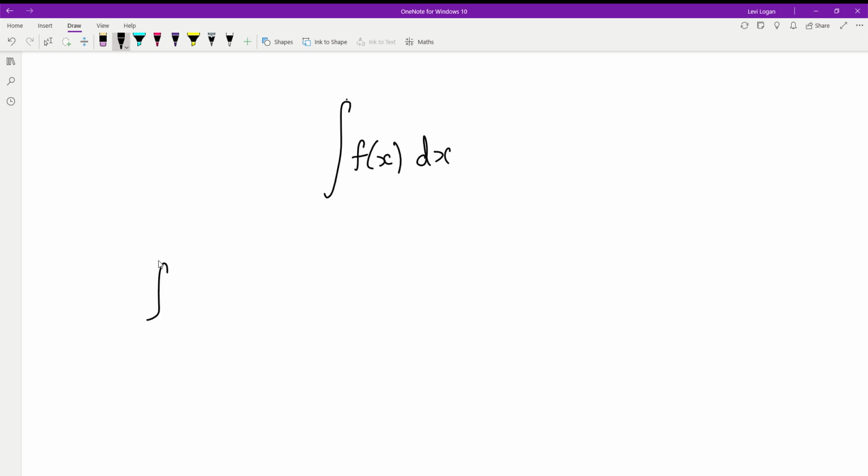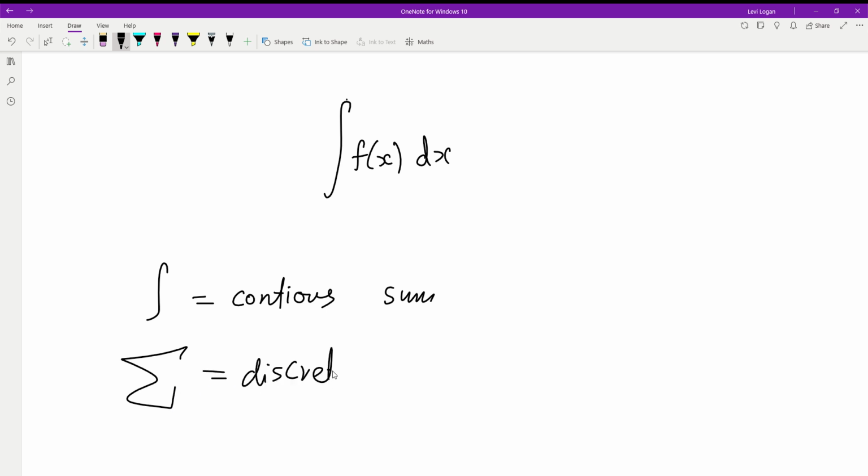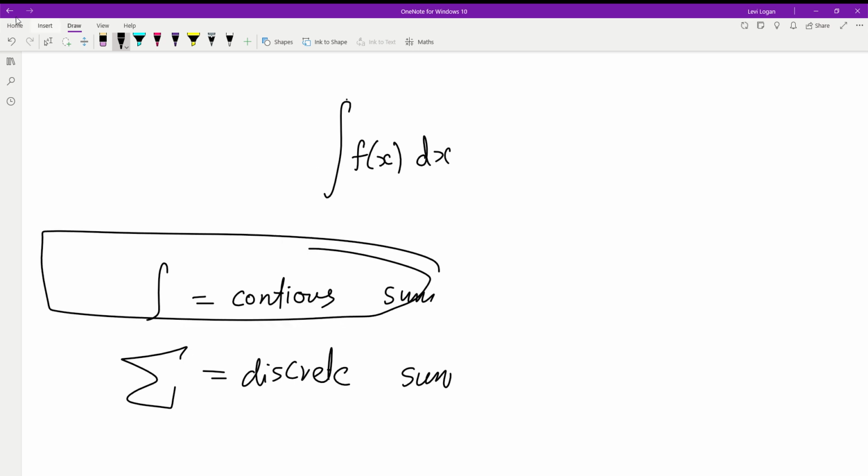An integral is actually a stretched out s. So it actually means a continuous sum. Like this symbol here means a discrete sum. This means continuous. So when we actually break down this picture, this is what we have.